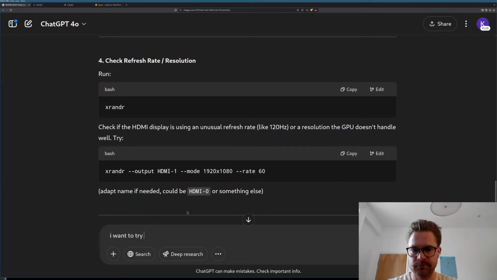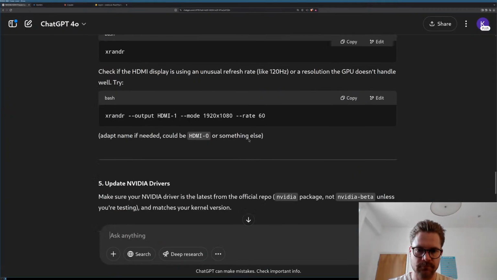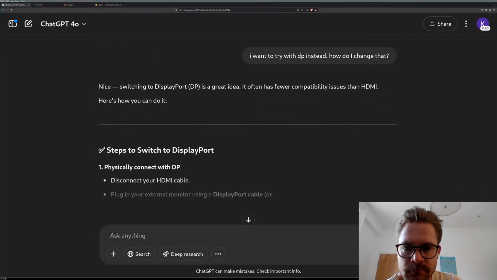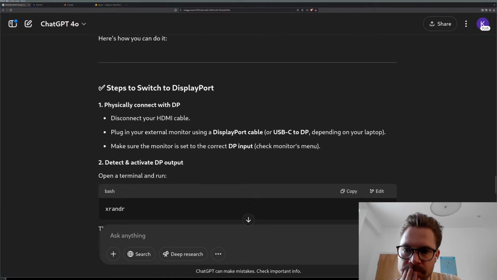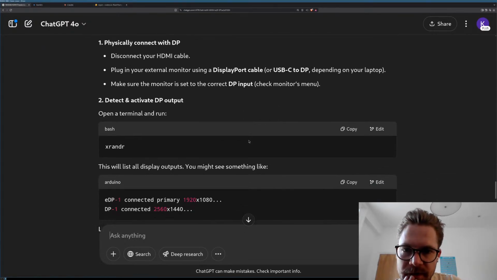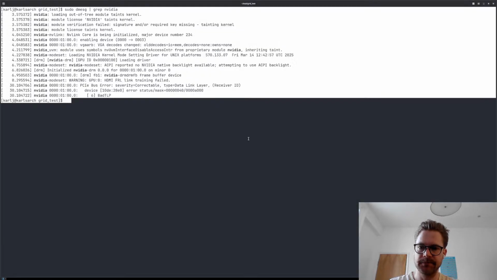My mouse keeps moving to my primary display for some reason. Okay, xrandr.